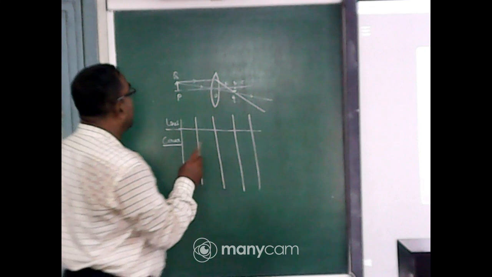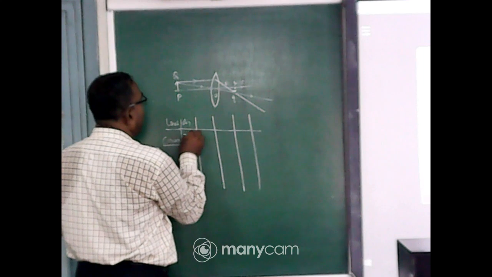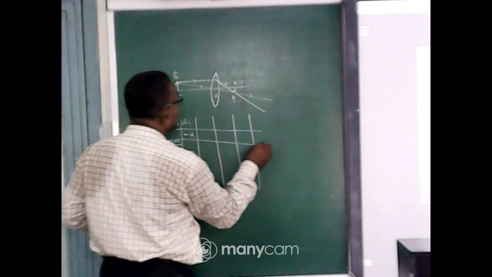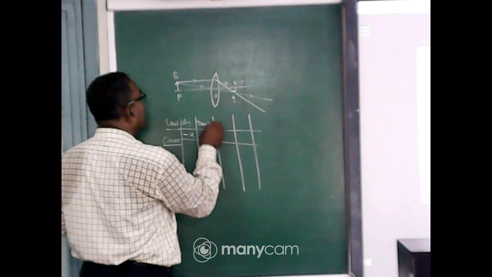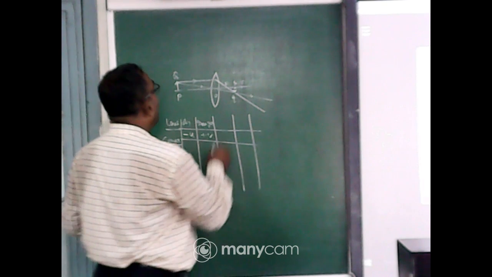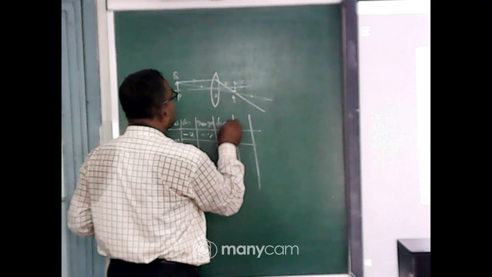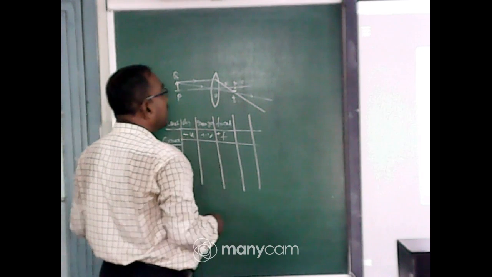First you consider the convex lens. Object distance always u. Image distance always positive. Focal length f is positive.